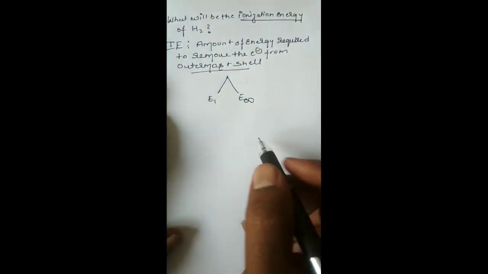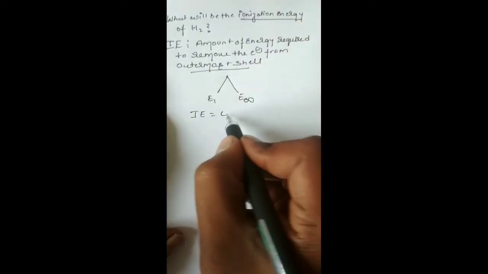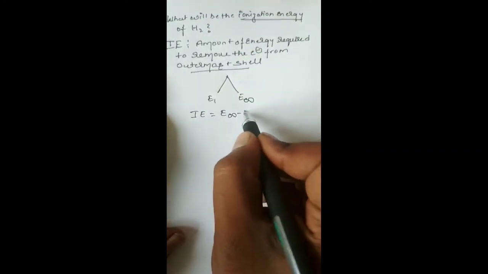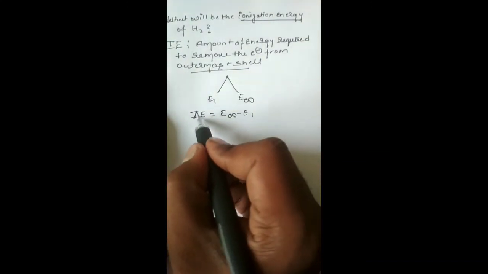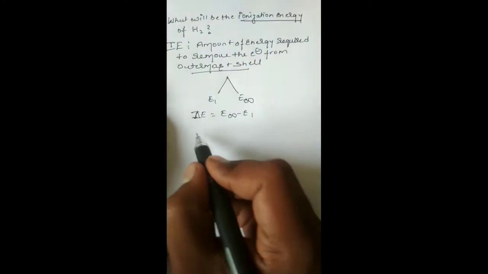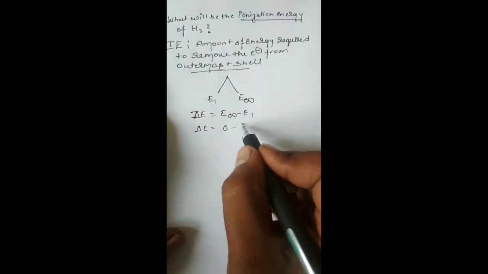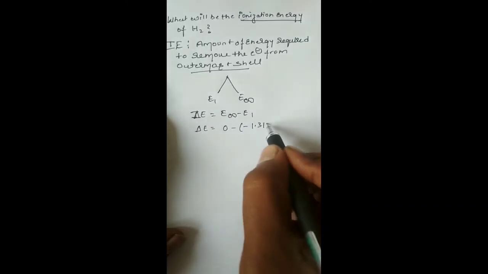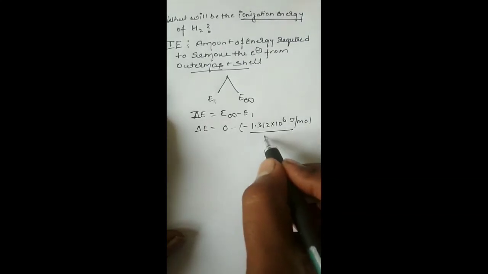The ionization energy is infinity minus E1, or we can simply make it delta E. Delta E, with infinity, is equal to 0 minus 1.312 into 10 to the power of 6 joules per mole divided by n square.